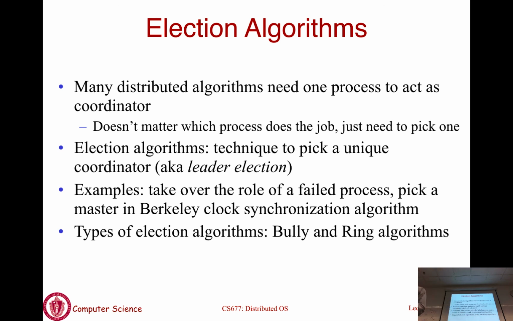For example, if you want to do clock synchronization, you have a time server. The time server is a coordinator that broadcasts the time to all other nodes so they get synchronized. It runs the clock synchronization algorithm. The time server can be chosen as a leader election problem. Rather than saying you are the time server, you can pick that leader dynamically.